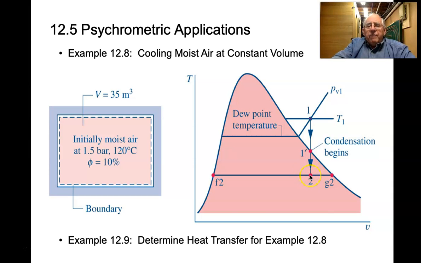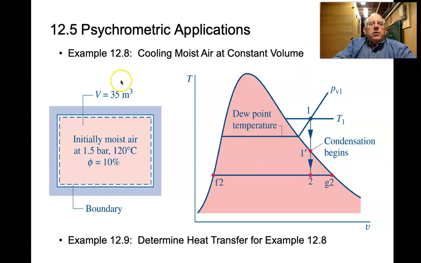Since we know that volume, and we would know what the saturated liquid condition is and the saturated vapor condition is, we could then determine what the quality of the mixture remaining in that constant volume vessel would be.